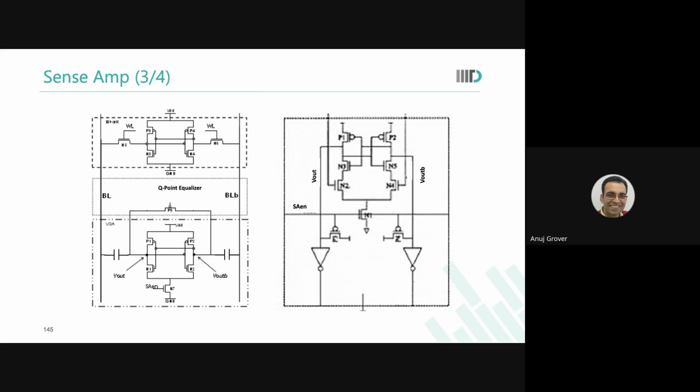And wherever they are, they are not going to impact anything else because they are only capacitively coupled. There's no resistive path, so there is no short circuit current that can flow. That is the other advantage of using a capacitively coupled sense amplifier. So your design can be faster.